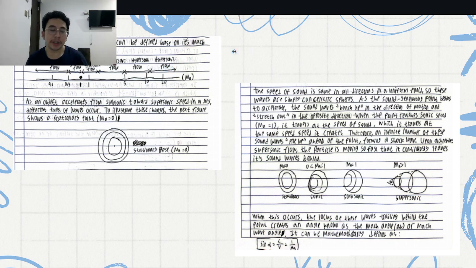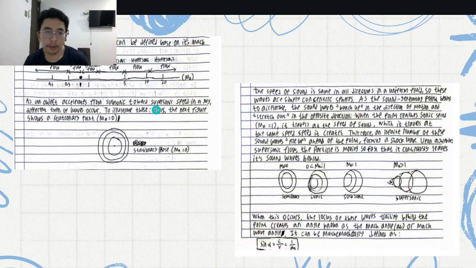They use materials that are so resistant to pressure. So when they are traveling so fast, the pressure created by the flow doesn't compress the object. As an object accelerates from subsonic to supersonic in a gas, different types of waves occur.